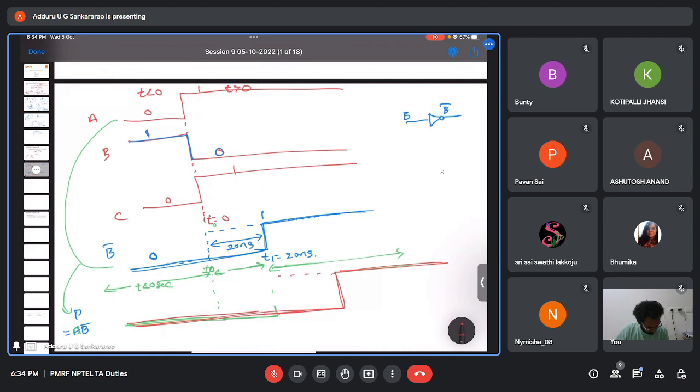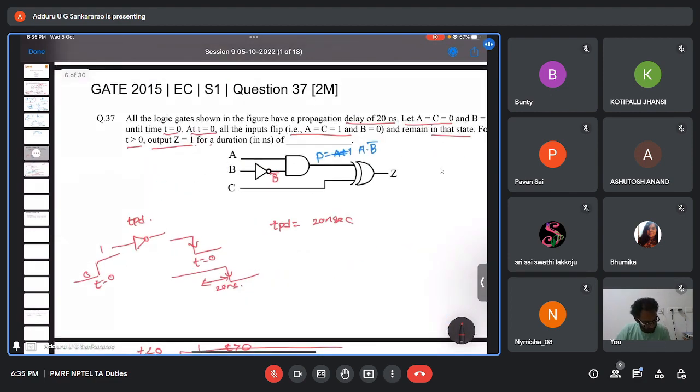So here there is a 20 nanoseconds delay. Let us say this is T2. What is T2 now? T0 is 0, T1 is 20 nanoseconds, T2 is 40 nanoseconds. So that is P. You got it right?